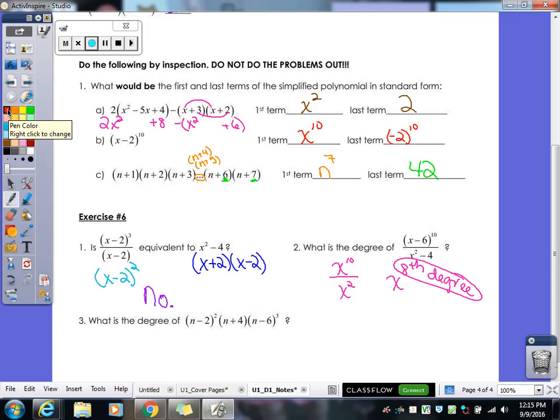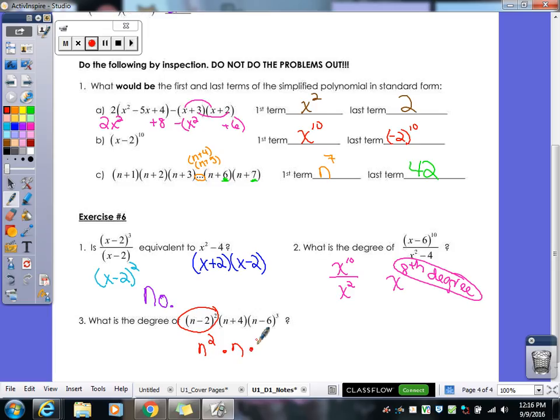And then the third one, again, they just want to know the degree, so we don't have to sit here spending our time multiplying the whole thing out. From the n minus 2 squared, what would our largest n be? N to the what? Second. Again, it would be n to that exponent. And then it would be times the n from the second set of parentheses. That's the largest n in that one.